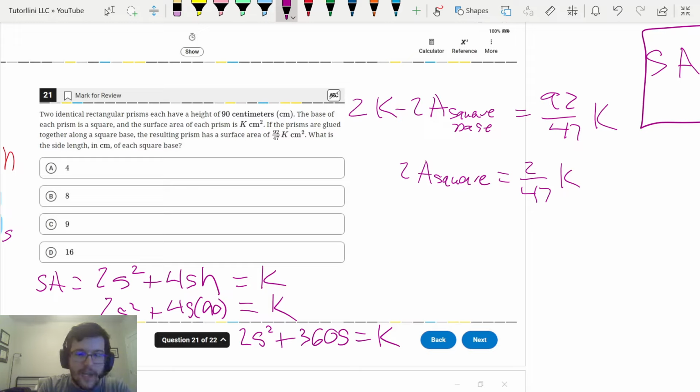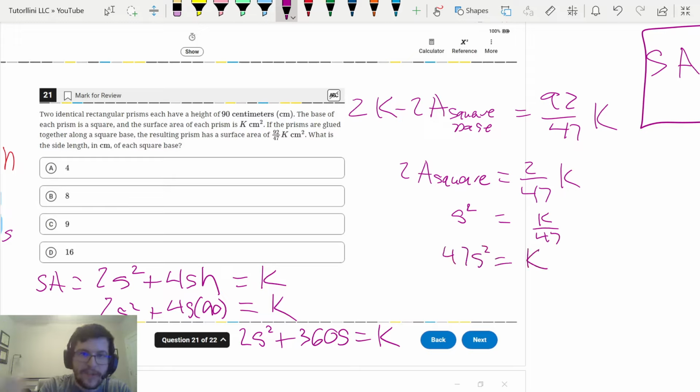So now I can divide both sides by 2 and I get the area of the square is 1 over 47k, or k over 47. The area of the square is s squared. And I can multiply both sides by 47, and I get 47 s squared equals k.